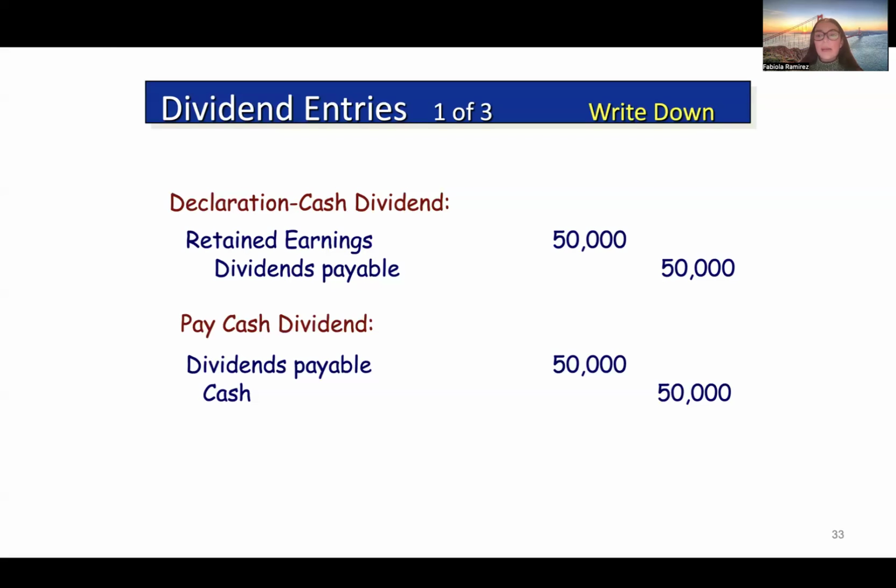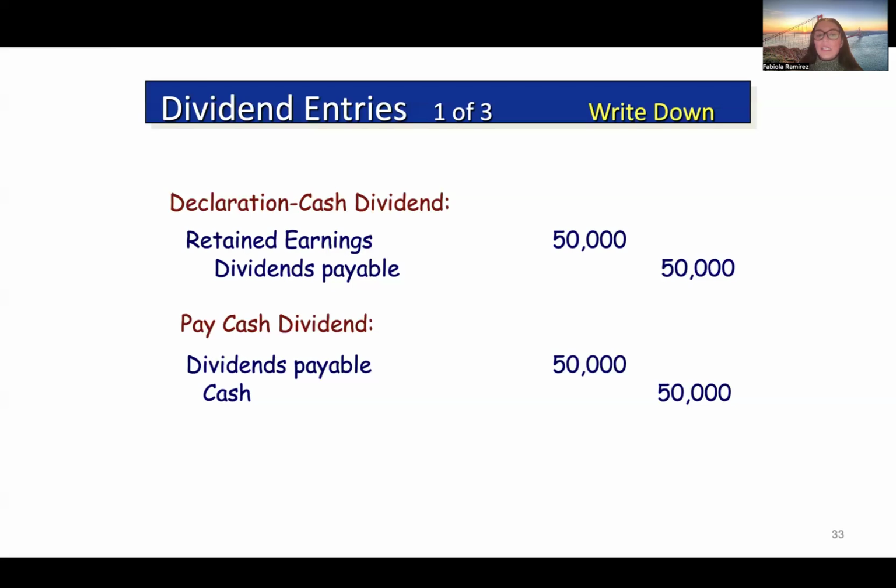And the reason you debit retained earnings is because you are distributing the net income of the company. Remember, the retained earnings account is a cumulative account of a company's net income over the years, and it has a normal credit balance. So in order to reduce retained earnings, we do so with a debit.